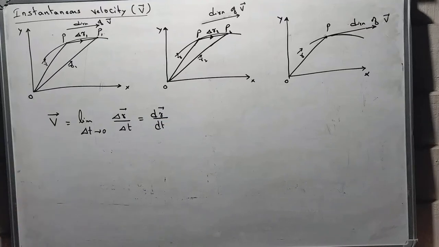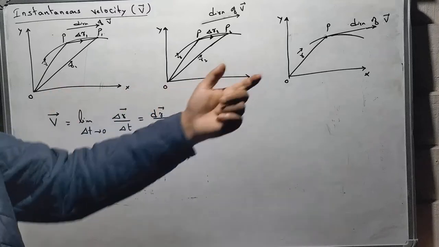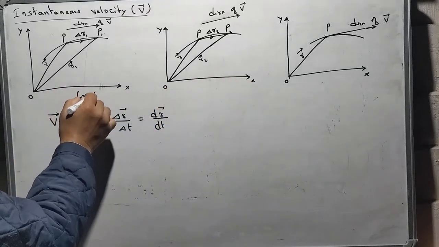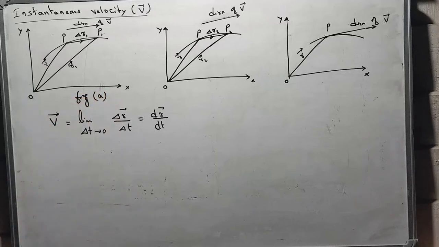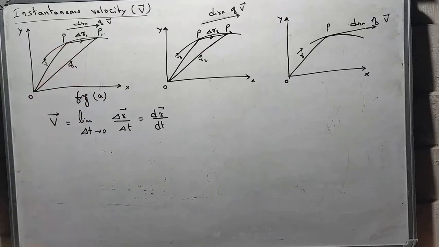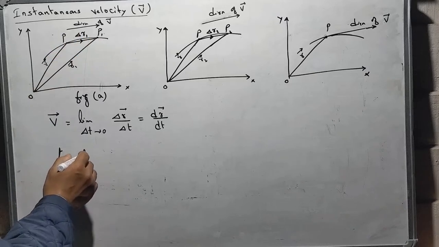Now to understand the direction of the instantaneous velocity, let us consider these three figures here. In figure A, we see that the particle is at a point P when the time is t, and at a point P1 when the time is T1.